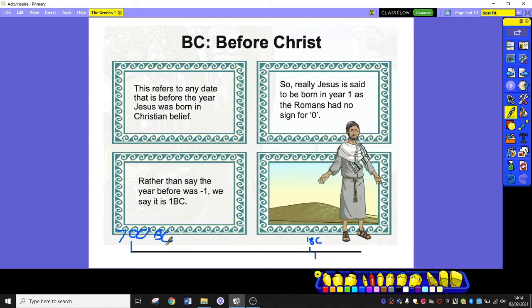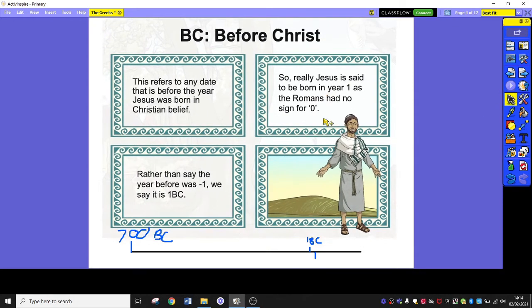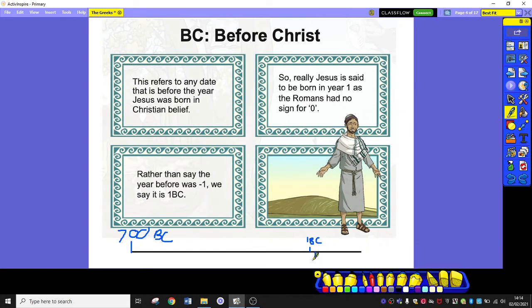It's his birth. And 700 BC is further in the past than, for example, 200 BC. 200 BC is not as long ago by 500 years.